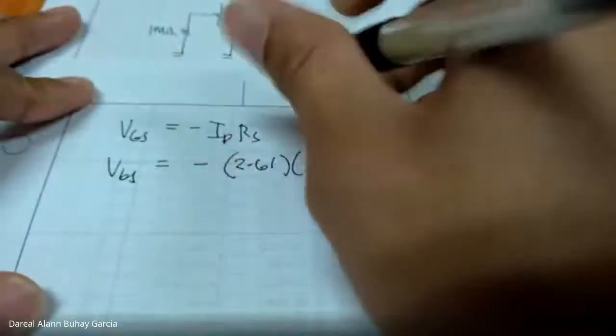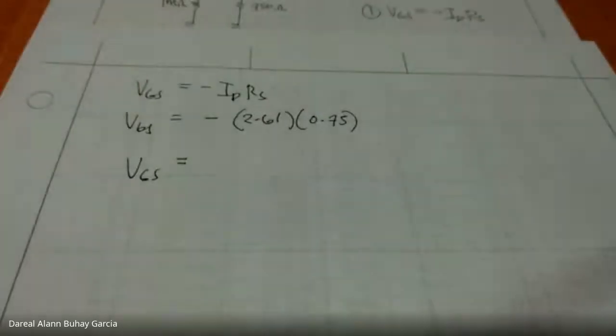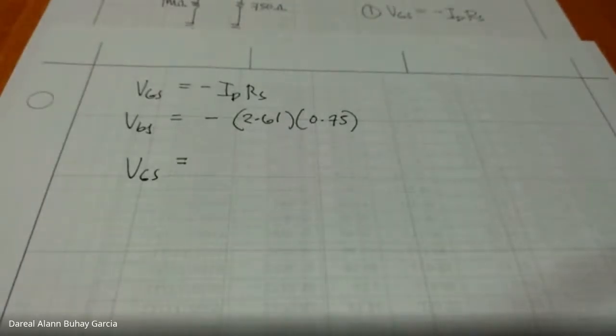So VGS is negative ID RS. Negative 2.61 milli times RS of 0.75 kilo. Negative 1.96 volts.